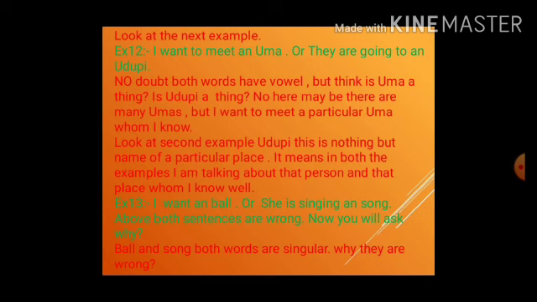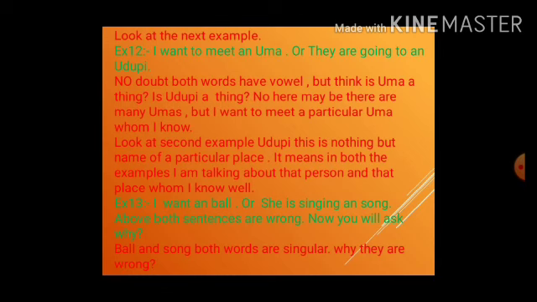No. Here maybe there are many Umas, but I want to meet a particular Uma whom I know. Look at the second example, Udupi. This is nothing but the name of a particular place. It means in both examples I am talking about that person and that place whom I know well.